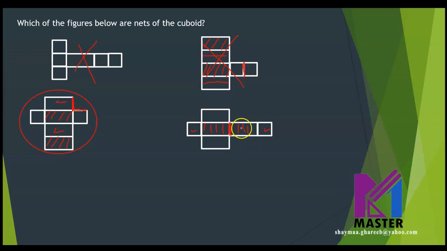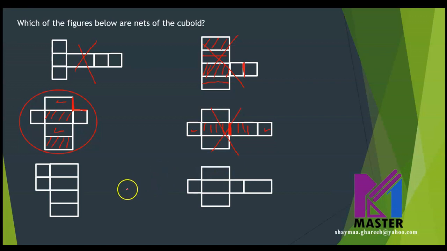Okay, so look at these two faces. They should be opposite to each other, but actually they are not opposite because they meet at an edge. So this one is not a cuboid.